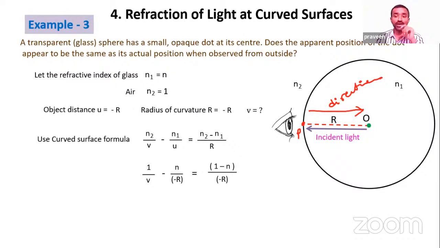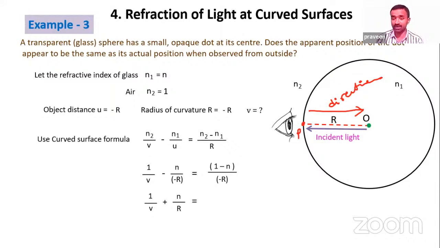I want the v value, so the v term alone remains on the left side and the remaining terms go to the right side. Minus into minus is plus. So I can write: 1 by v plus n by r is equal to (1 minus n) by minus r.